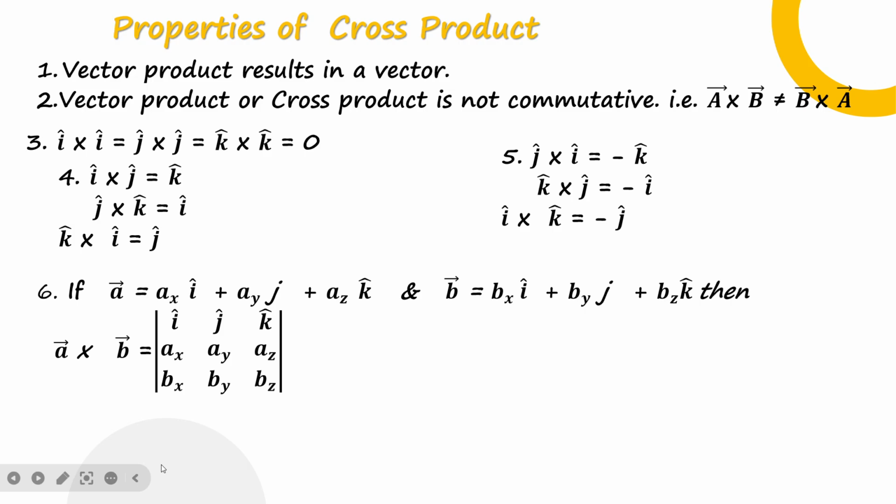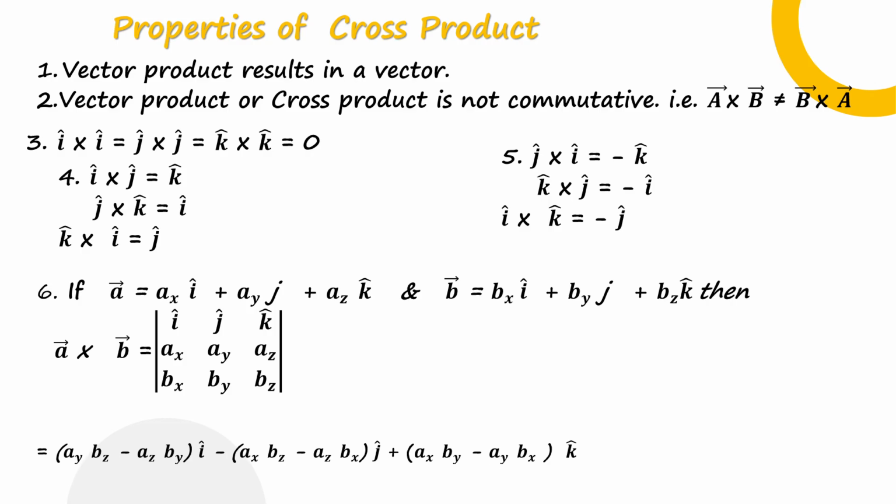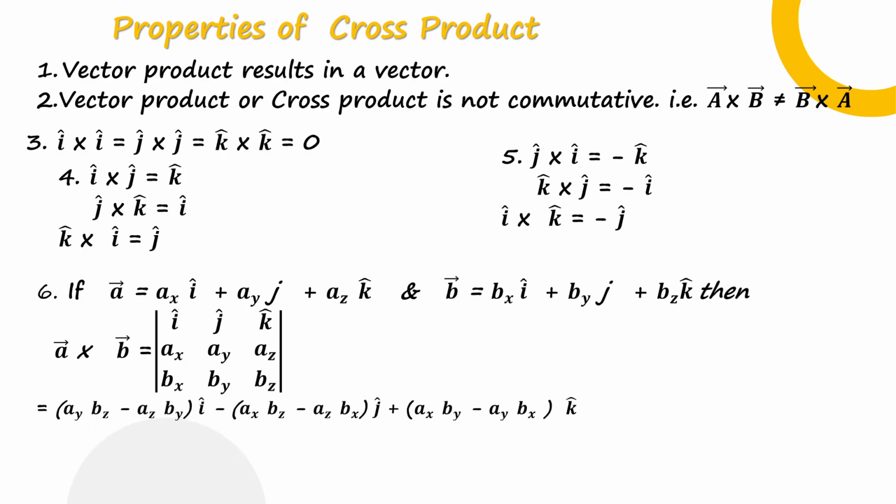If we solve this determinant, we will find A cross B is equal to i cap into (AY BZ minus AZ BY) minus (AX BZ minus AZ BX) into j cap plus (AX BY minus AY BX) into k cap.